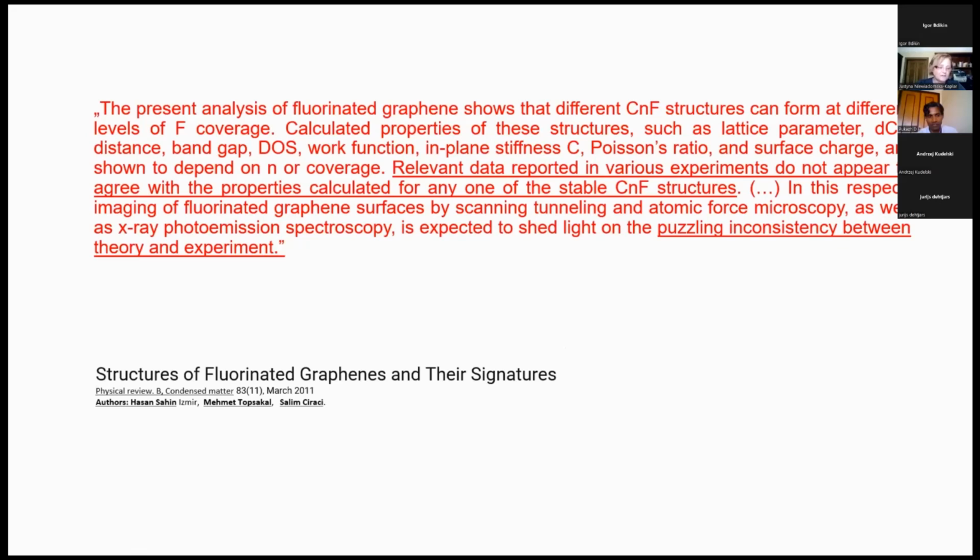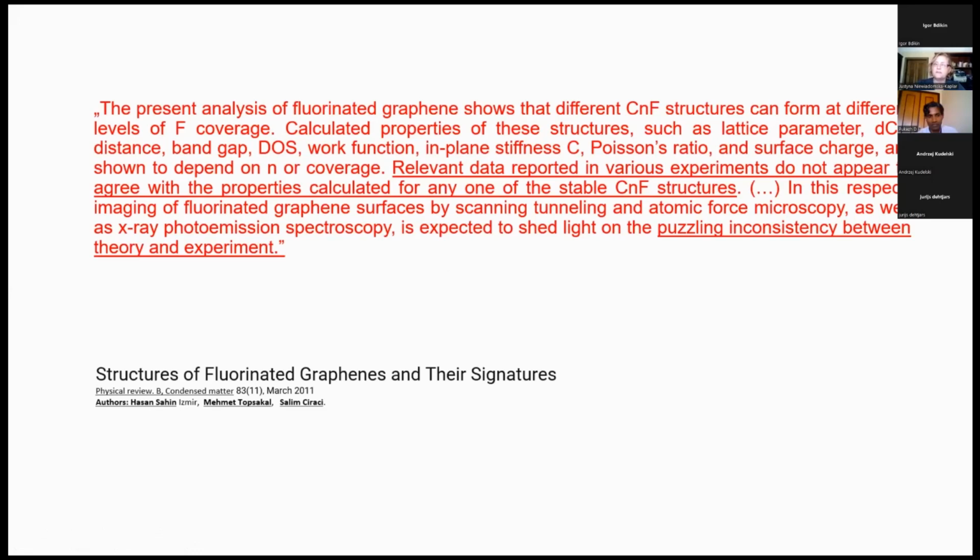This presentation can be considered an attempt to respond to last year's conference questions regarding the experimental confirmations of the proposed model and its quantitative aspects. For this, I start by citing a fragment of the article Structures of Fluorinated Graphenes and Their Signatures, which states that relevant data reported in various experiments do not appear to agree with the properties calculated for any one of the stable fluorine structures.